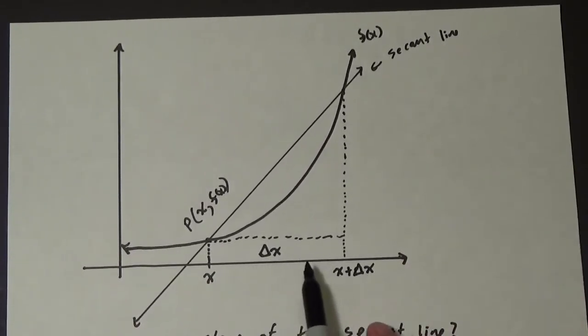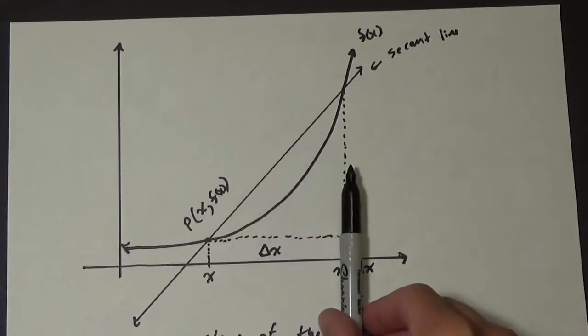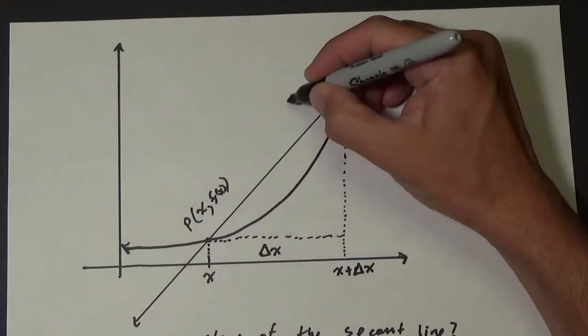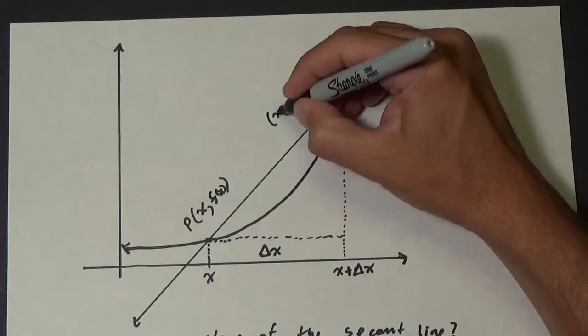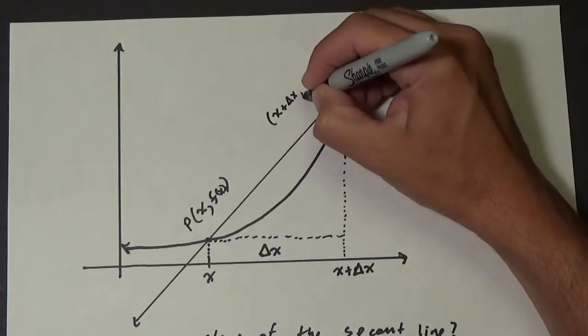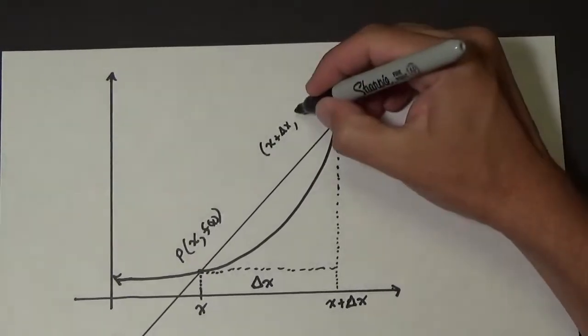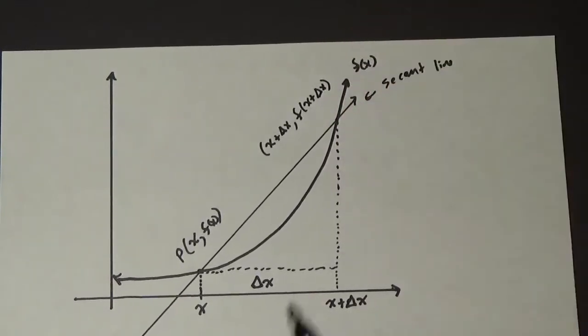And so we use delta x just to indicate that we have some distance from our previous x that is away from it. Well, that means this point up here is going to have the coordinates, I'm going to leave a little bit of space, x plus delta x. That's its first coordinate. Then we got to put it into the function. So it would be f of x plus delta x. Good.